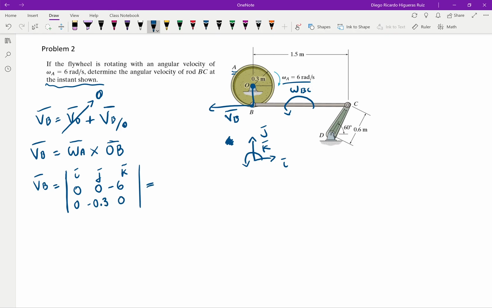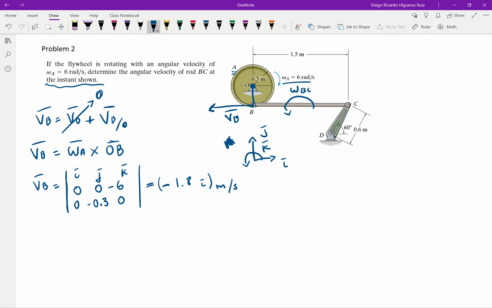So we solve for this cross product, and that's gonna be negative 1.8 in the I meters per second, and that's what we expected, right?